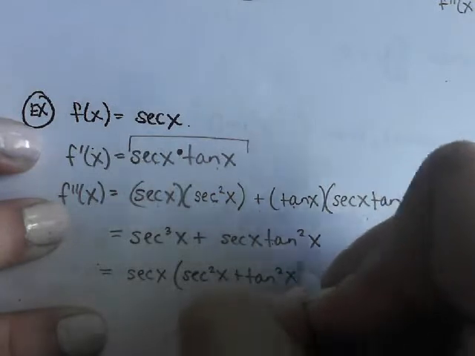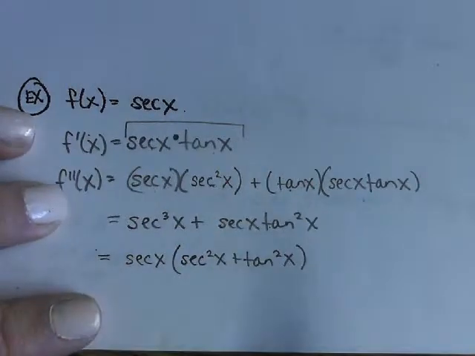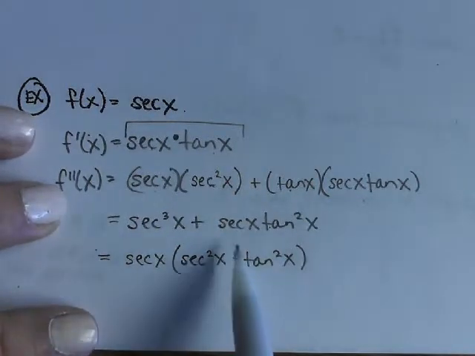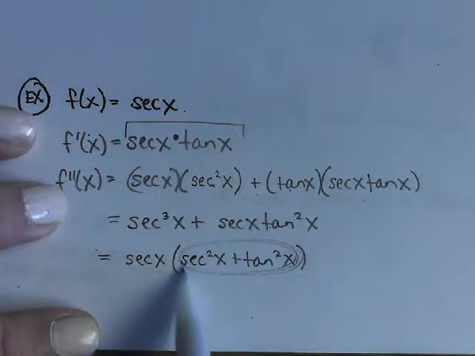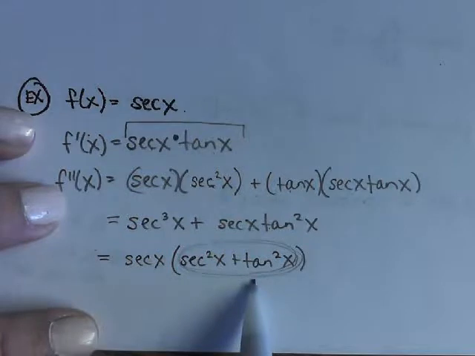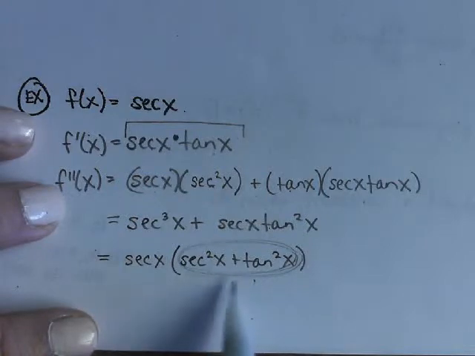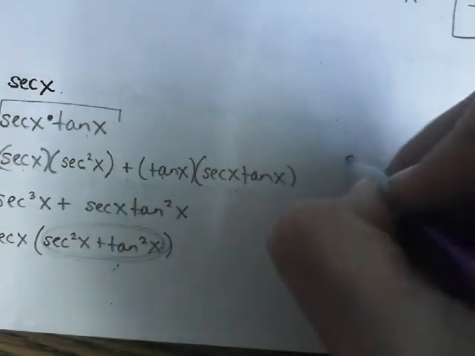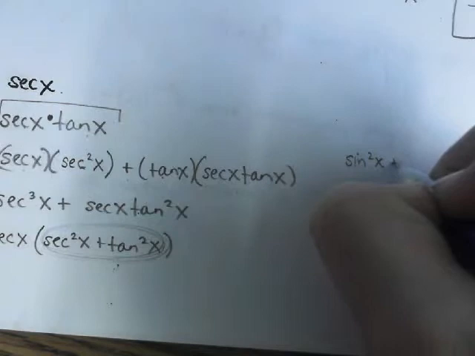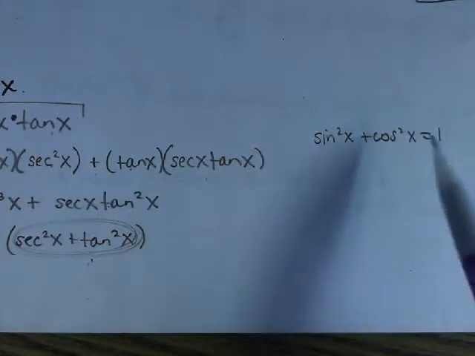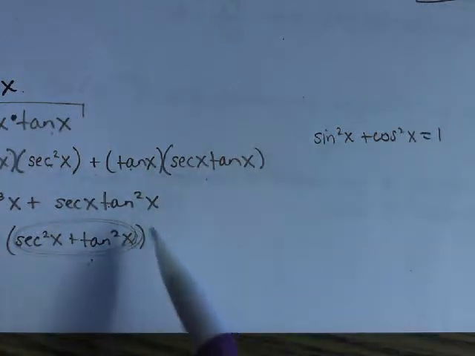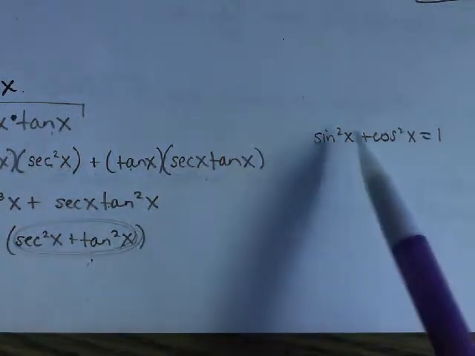When I see this, I don't know who's with me, but I immediately think of Pythagorean identities as being an option. I always go back to the one that I do know, sine squared plus cosine squared equals 1, and I try to play around with that until I get a tangent to come up. There's two others, I don't memorize them, I always manipulate this one into them.